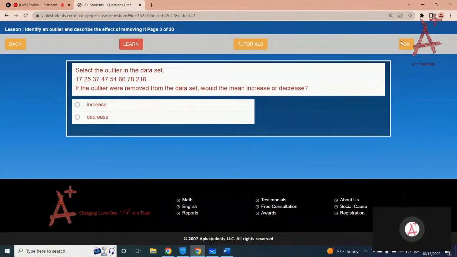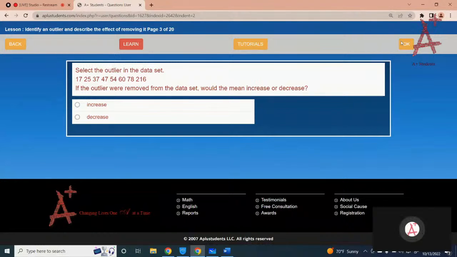Okay, the next one: select the outlier in the data set. If the outlier were removed from the data set, would the mean increase or decrease? So the outlier is 216, and 216 is a greater value.